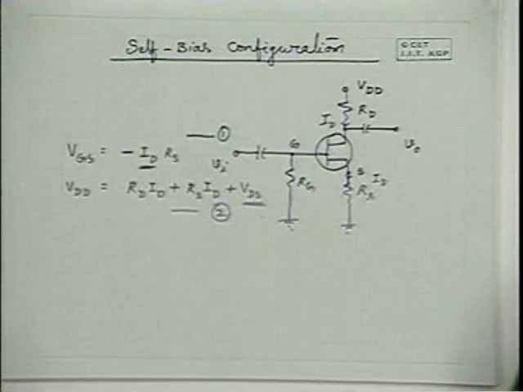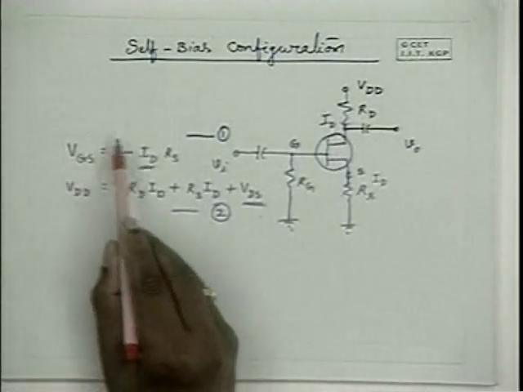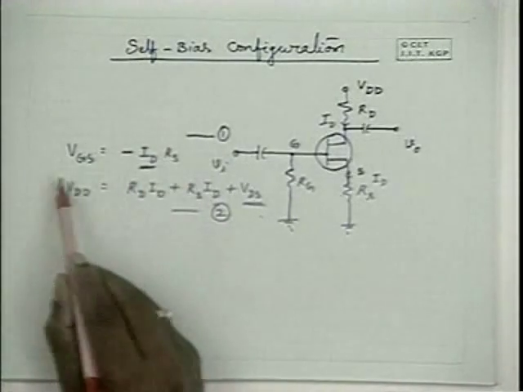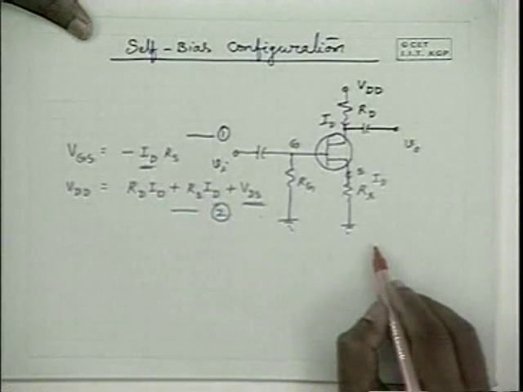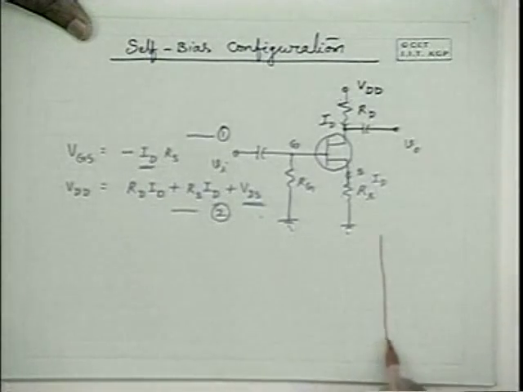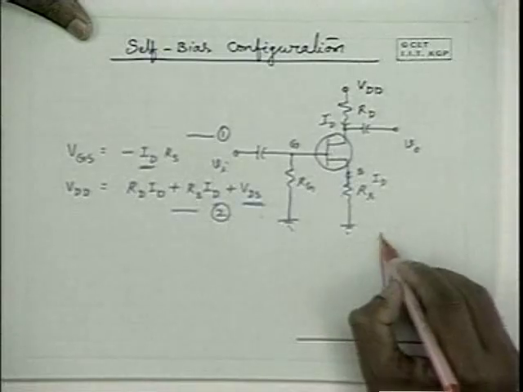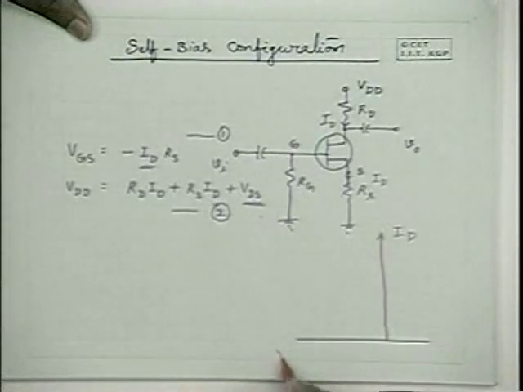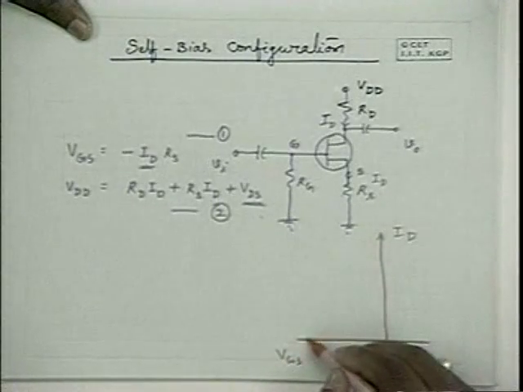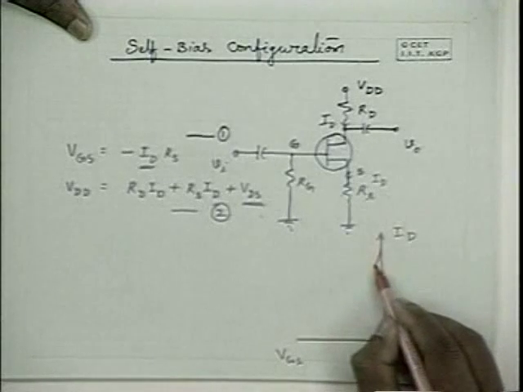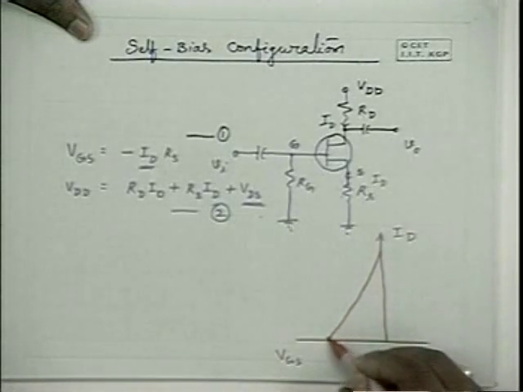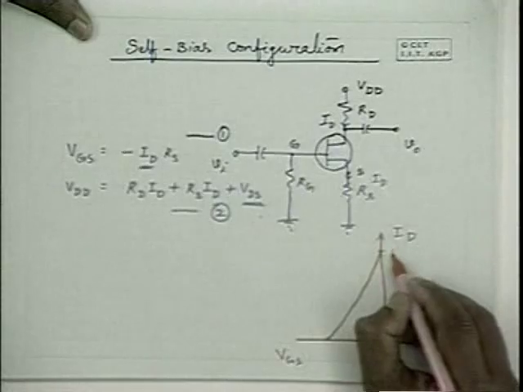Now let us try to solve this equation graphically, using the transfer characteristics. The transfer characteristics is between ID and VGS, as you know, and it is a square law characteristic, something like this, and this is IDSS.